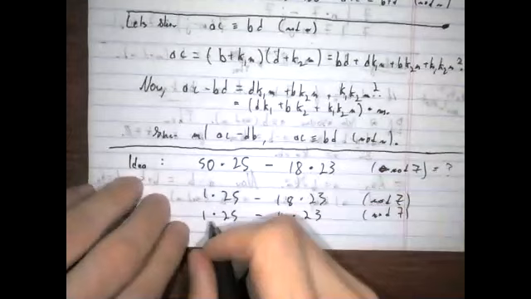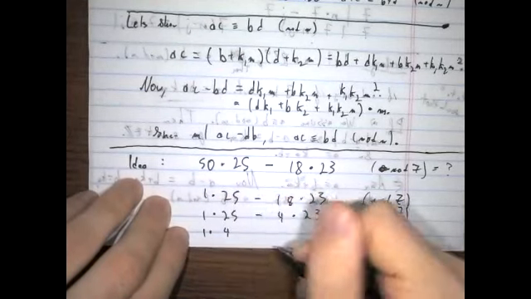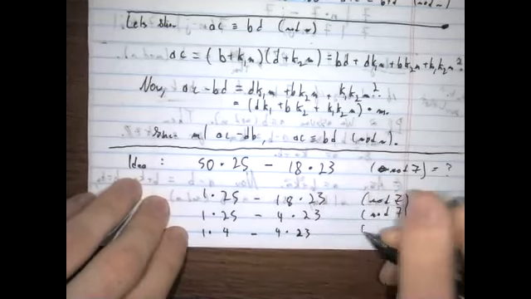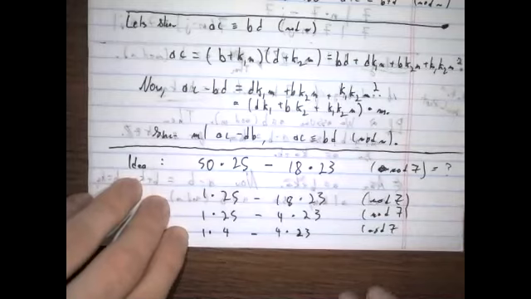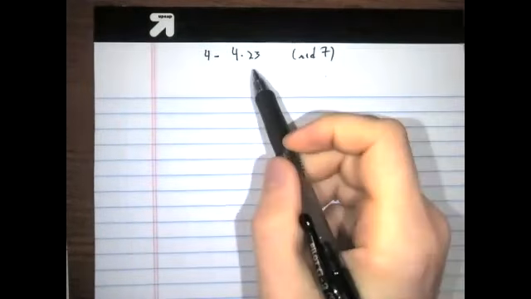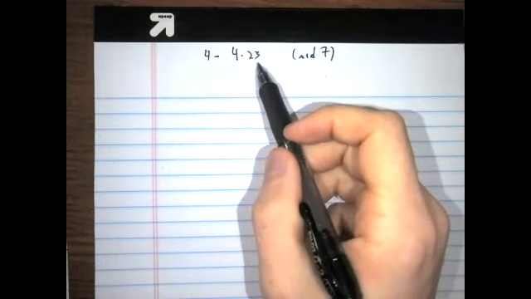So I could rewrite this as 1 times 4 minus 4 times 23 mod 7. What is 23 mod 7? 2, right?